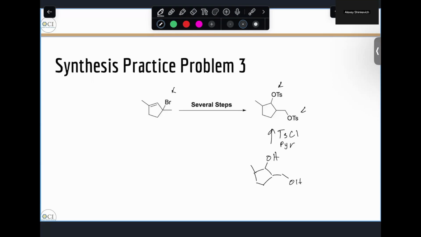And then if we compare our starting material to that, we see that there is an OH group that pops up right there. We have a reaction that can put an OH group on the less substituted side of an alkene. And if we look over here, we see that an OH group goes right there. And we can put an alkene right there through KOt-butyl.